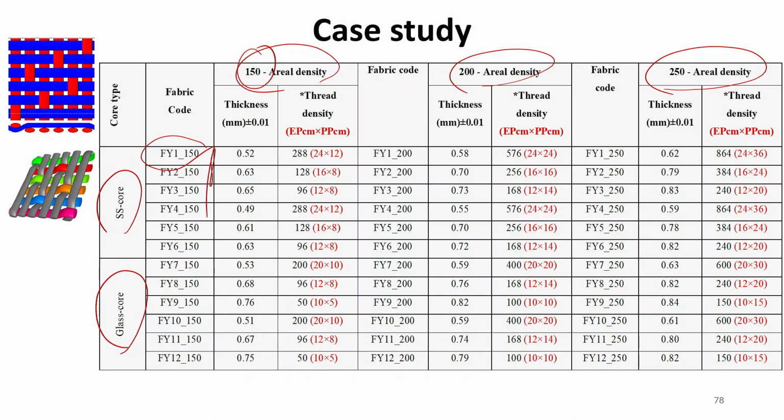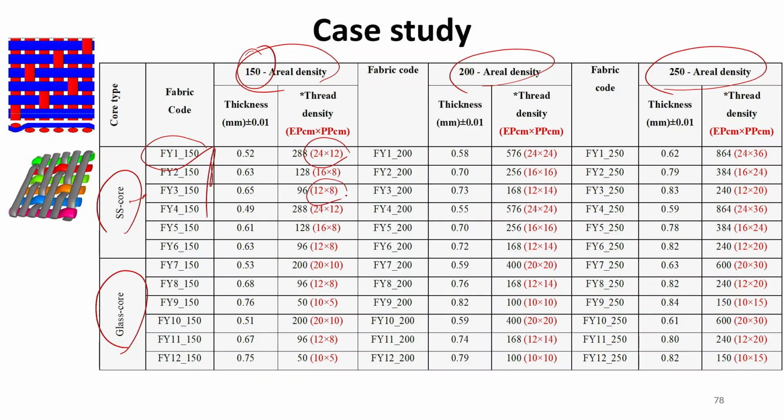It is a lower micron, I think 30 micron stainless steel, whereas FY3 has 50 micron stainless steel. So, to keep the same areal density, the ends and picks density for FY1 is higher than FY3.